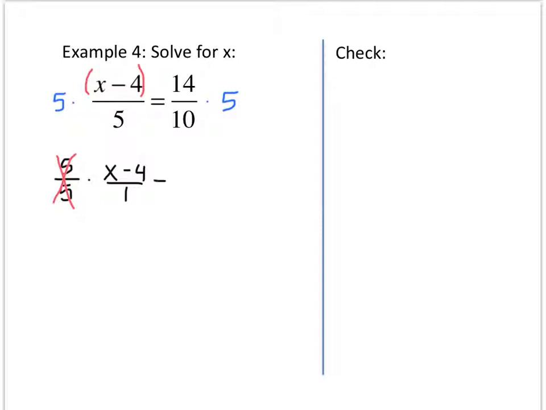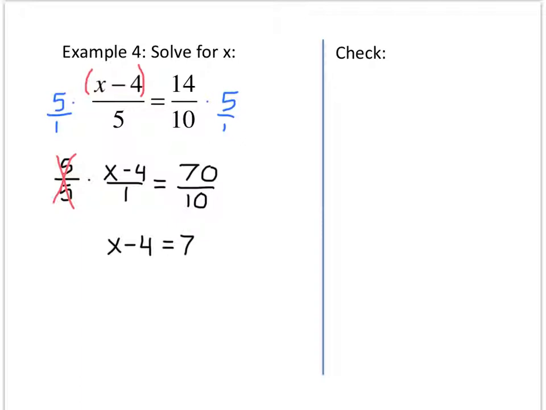Now over here, again, if I assume that that 5 is over 1 on both sides, I'm going to end up with 5 times 14, or in other words 70 over 10, and this is nice because we can actually just reduce that down to 7. So really what I have here is x minus 4 equals 7.